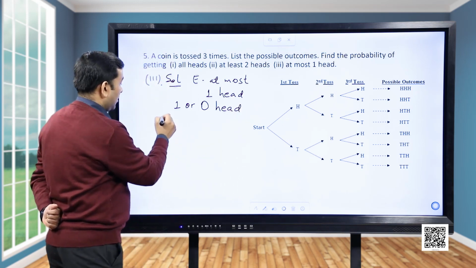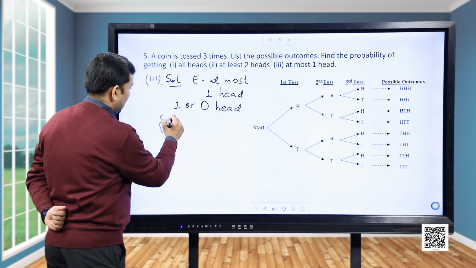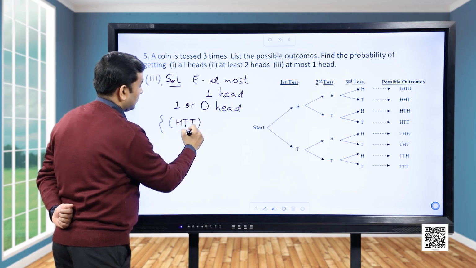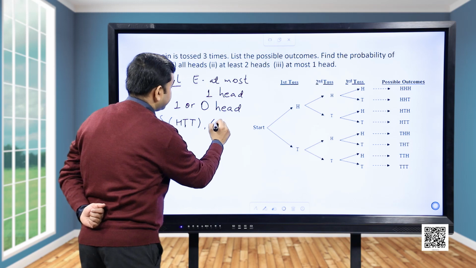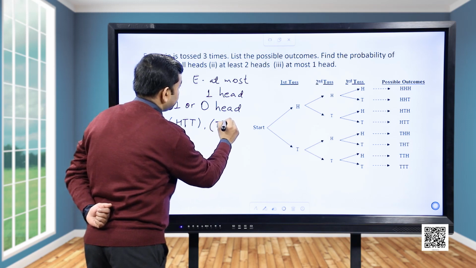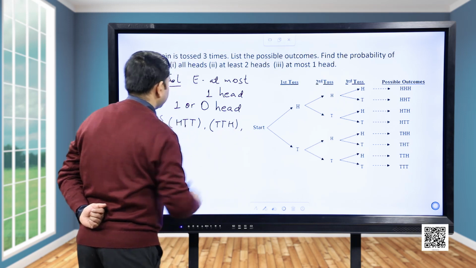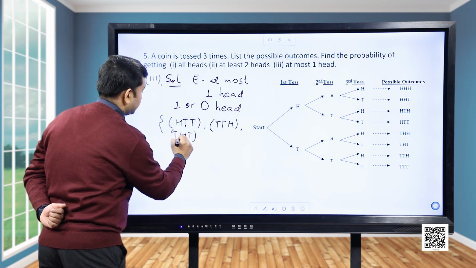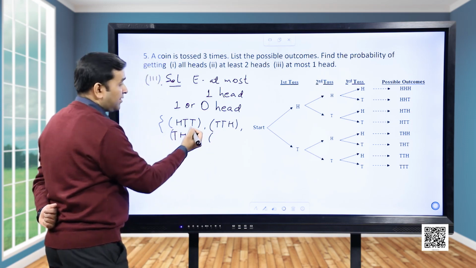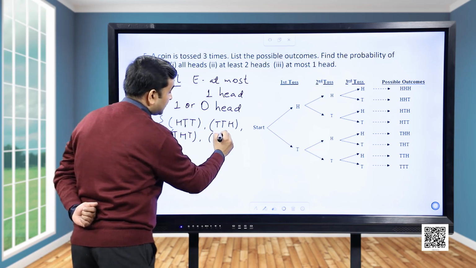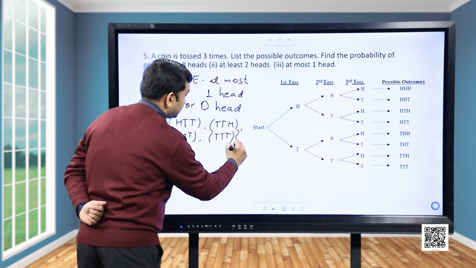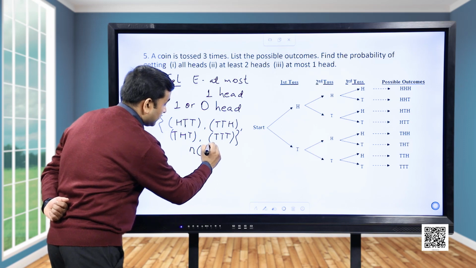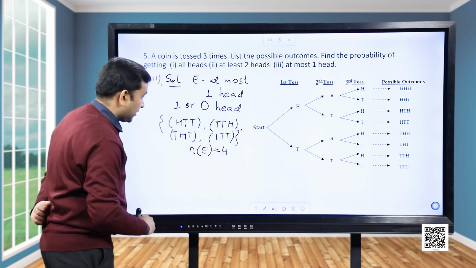So what are the favorable outcomes? Let us see. We just need one head. Lastly, 0 head, that means all the tails. Okay, so we have NE equal to 4, right?